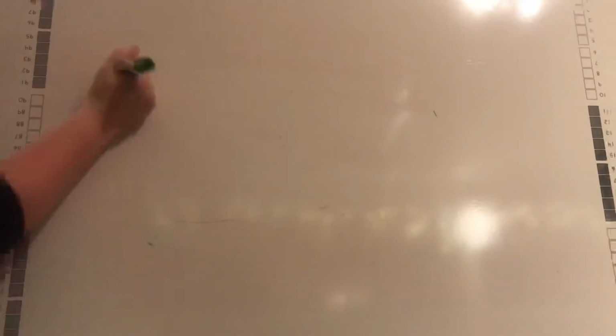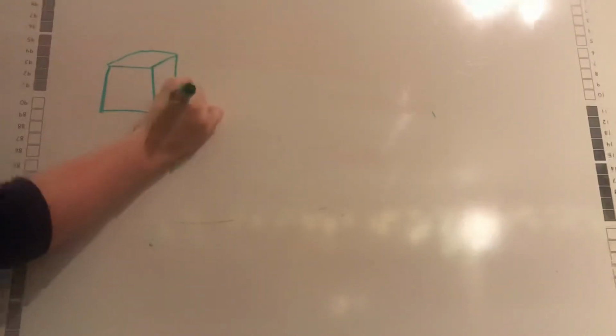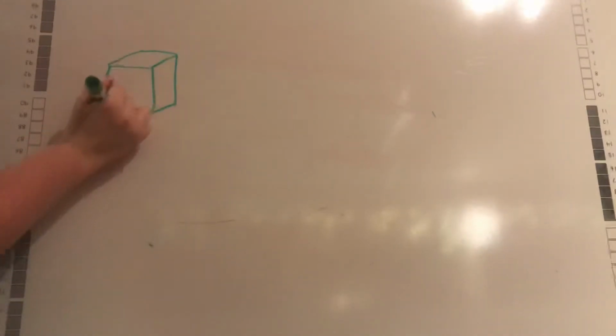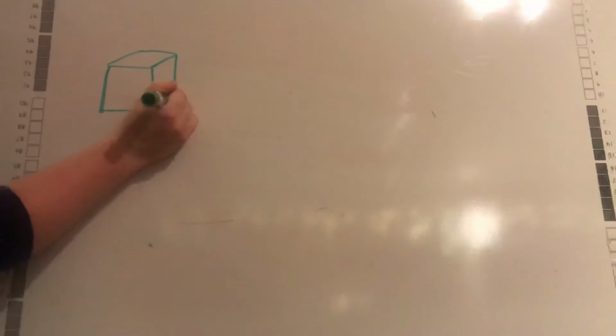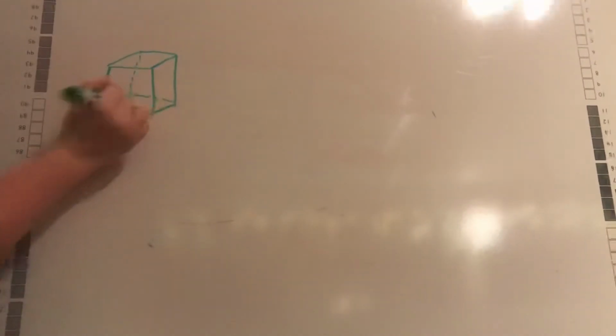So, if you have a shape like a box, you're trying to find the surface area of all of it.